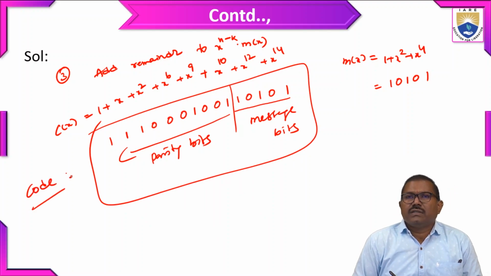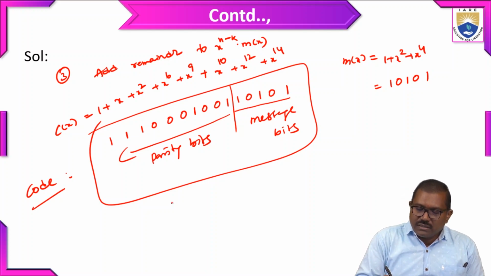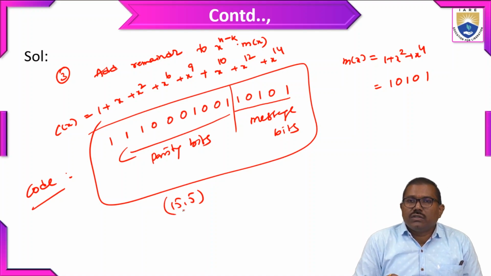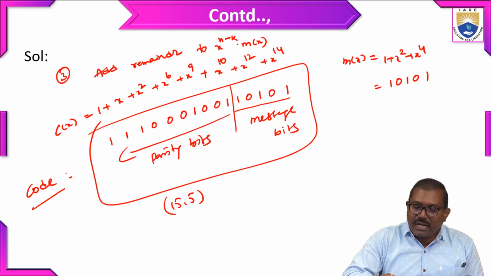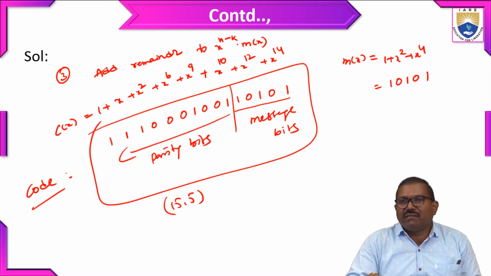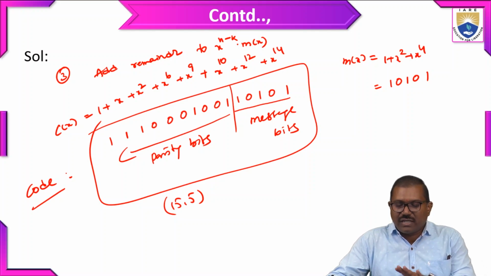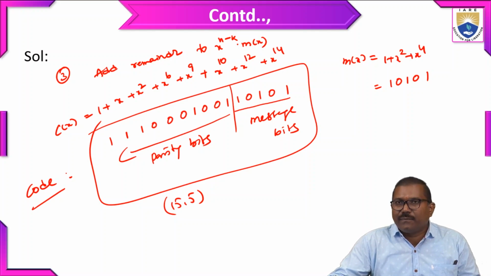So we are adding n minus k parity bits. Why? Because it is a 15 comma 5 cyclic code. So 15 minus 5, what do you get? 10. So n minus k is 10. So 10 parity bits you add for the 5 message bits. So now it is easily identified and understood where the message bits are located.